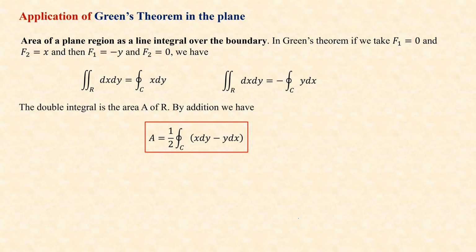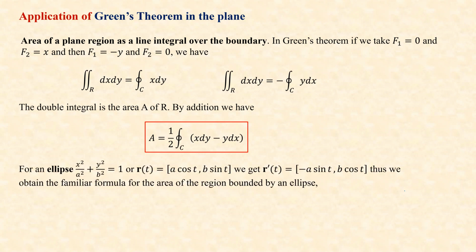Now we can apply it to different situations. For example, for an ellipse, x squared over a squared plus y squared over b squared equal to 1, you have the parametric representation of this ellipse, a cosine t, b sine t, and then you calculate the derivative of r.